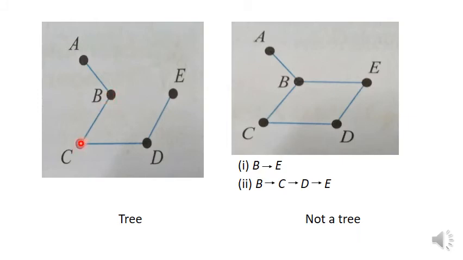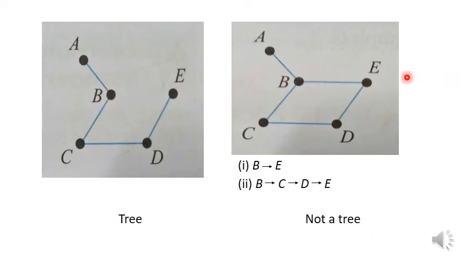Vertex C and vertex D are connected by one edge. Vertex D and vertex E are connected by one edge. So the whole graph is a tree because each vertex is connected by one edge.